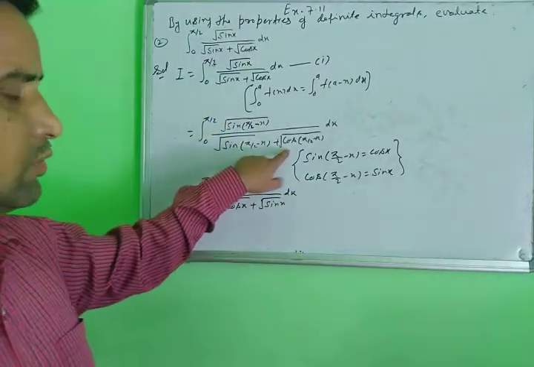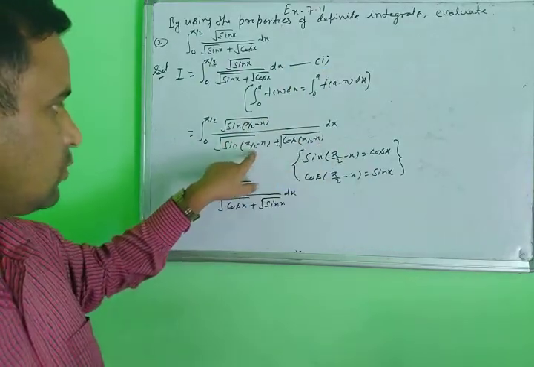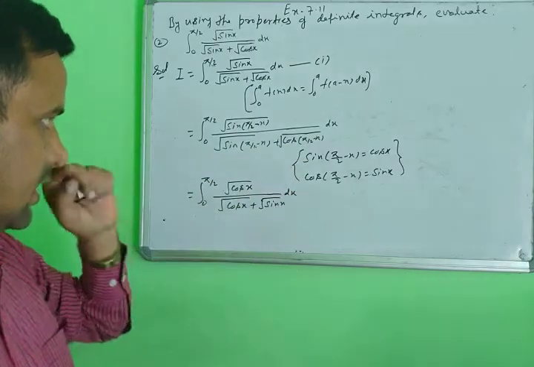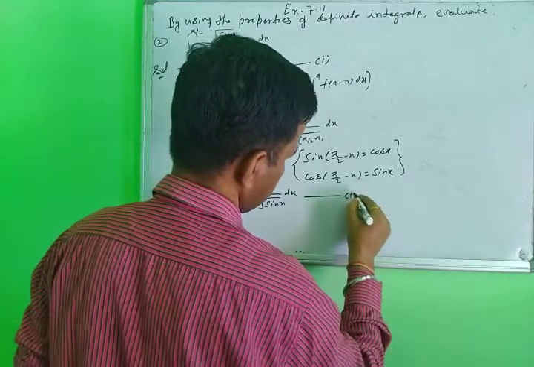This root and this root you will separate, not a single root. Root sin pi by 2 means cos, or root cos pi by 2 means sin. So this is the equation number second.